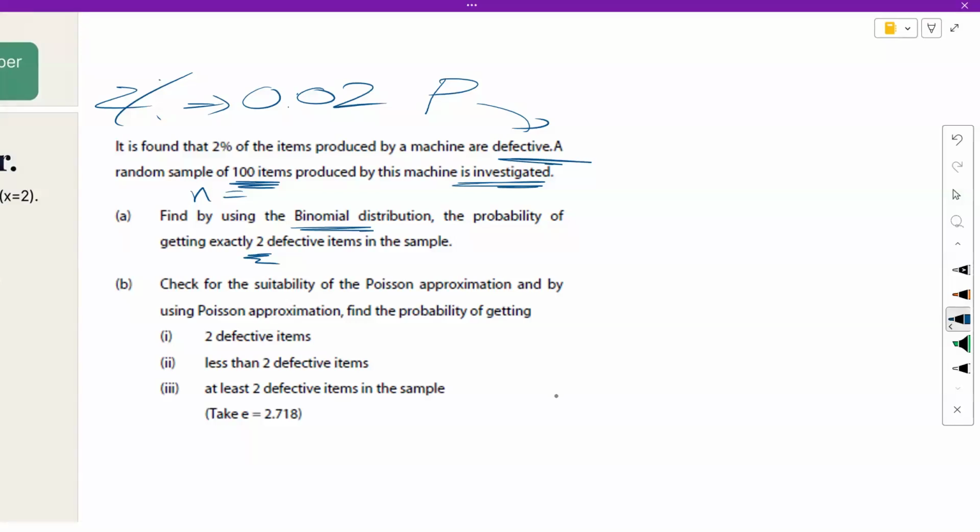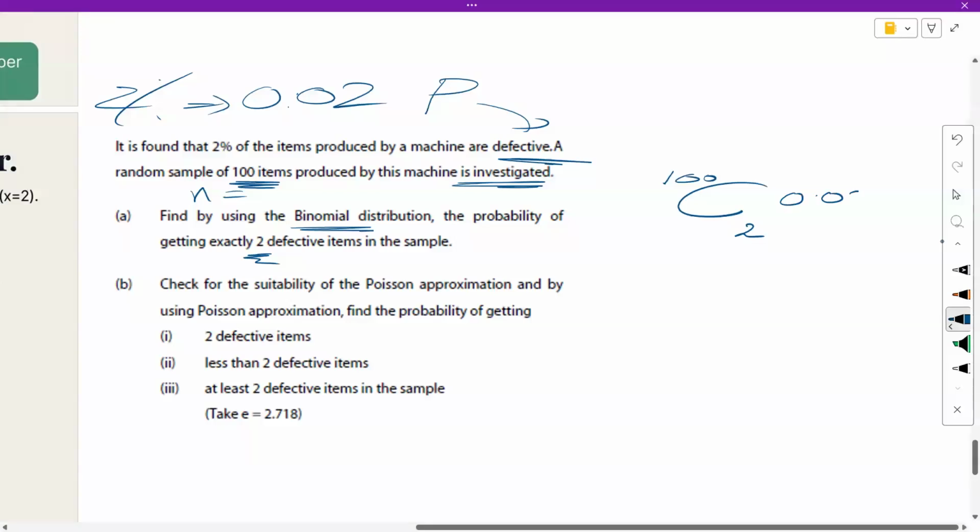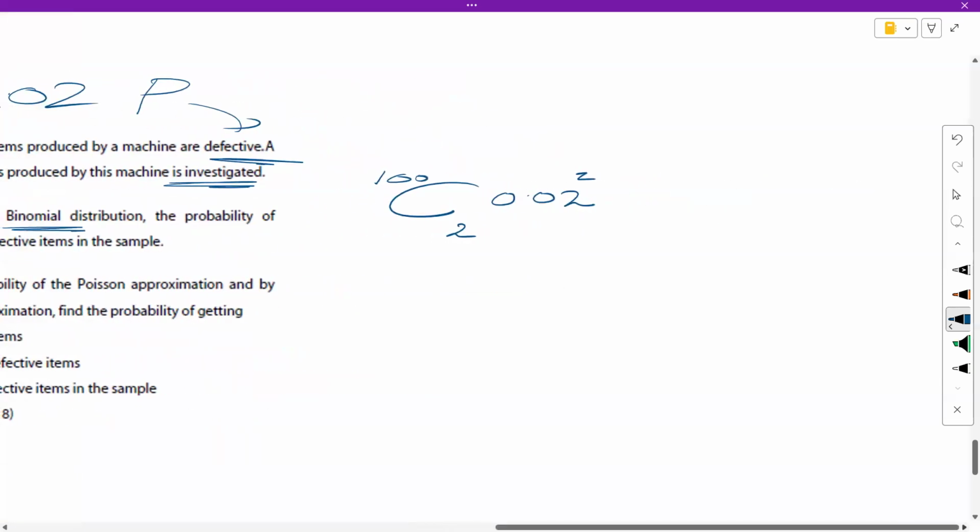Now let us apply the binomial distribution nCr, n equals 100, r equals 2, exactly 2 defective items, p is 0.02, and q equals 0.98.